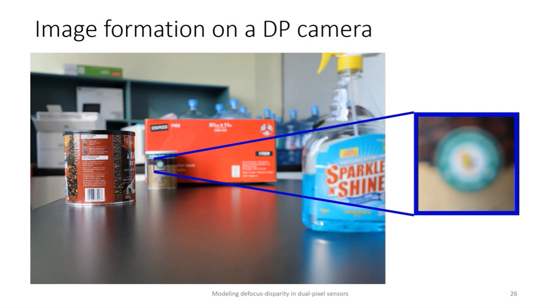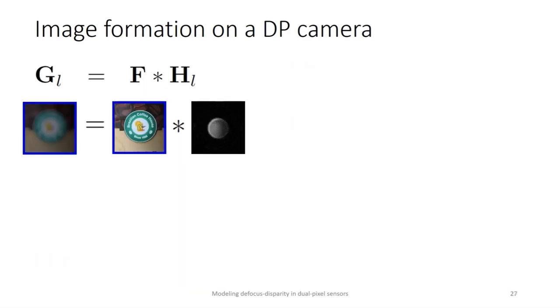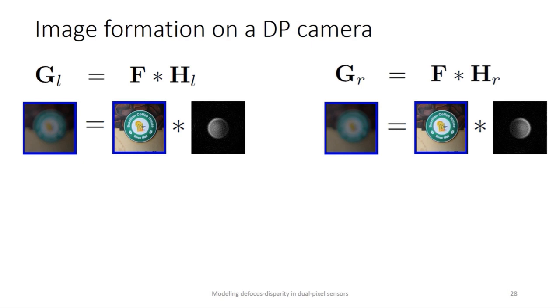Let us examine the image formation mathematically. Consider a constant depth patch in the scene as shown by the zoomed in region. The left DP patch GL is the convolution of the underlying sharp patch F with the left DP kernel HL. Note that F is usually unknown.